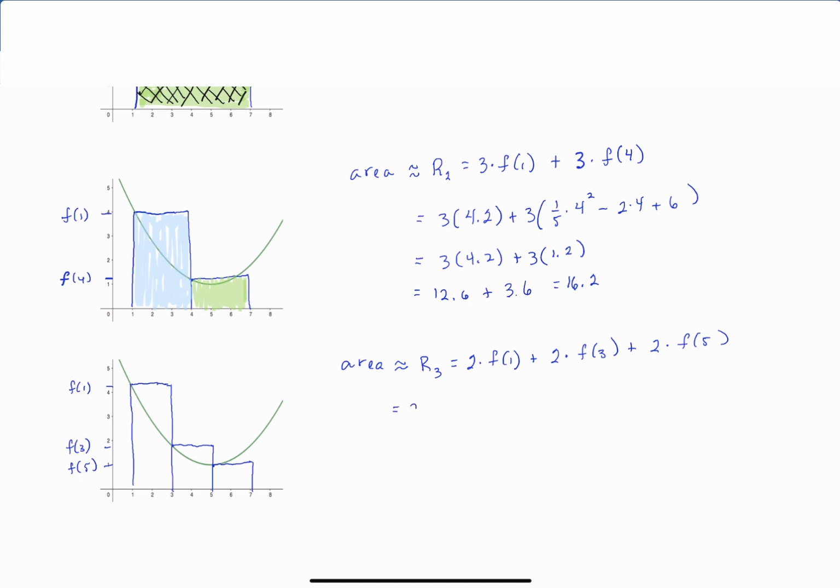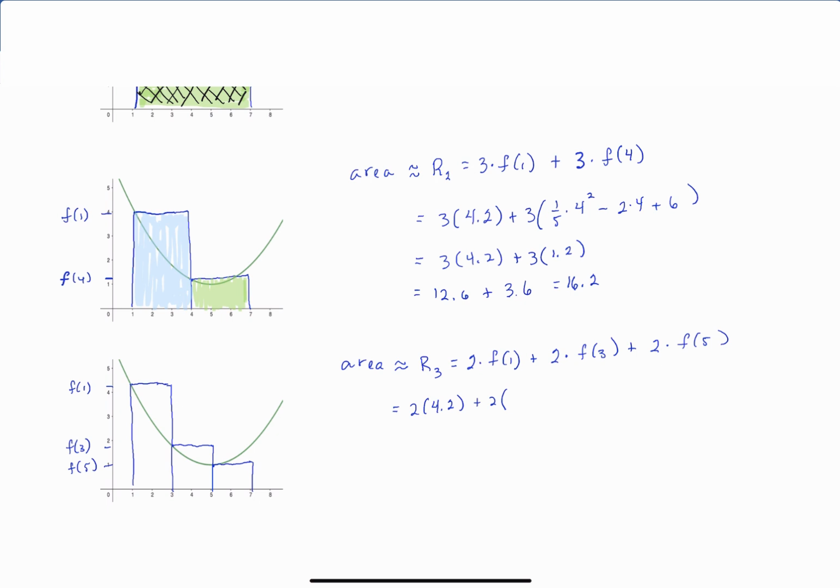As before, f of 1 is 4.2. And I hope it's okay, but I'm not going to show you plugging into the function formula with 3 and 5. I'm hoping you're okay checking me on that or duplicating it yourself if you need to.